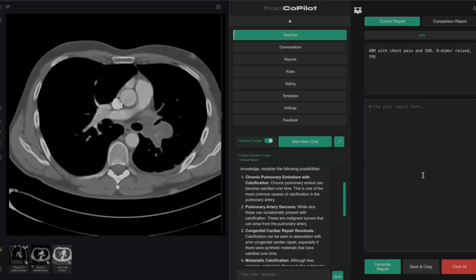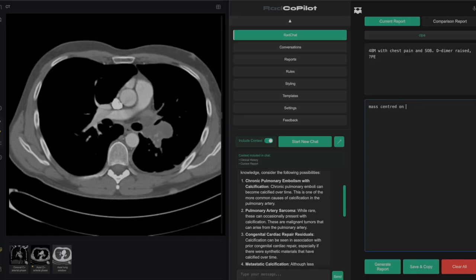Maybe we could say mass centered within the lumen of the left pulmonary artery. Some central calcification. We should probably mention it as resulting in obstruction. We could say very poor opacification of distal left arterial branches.